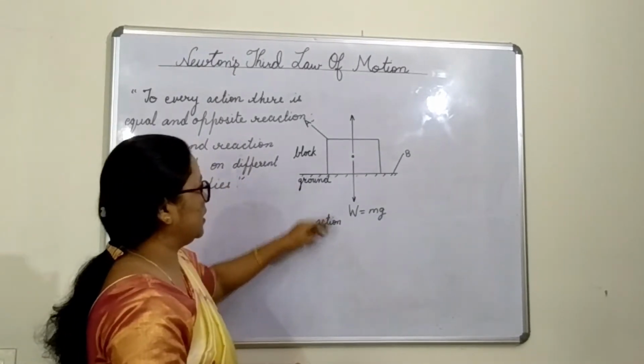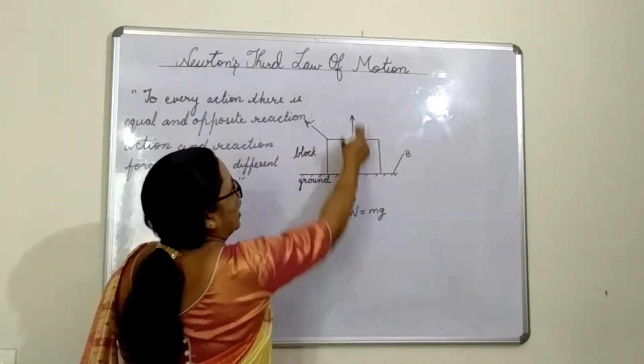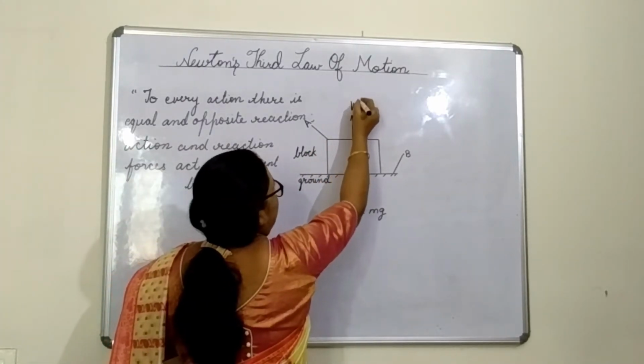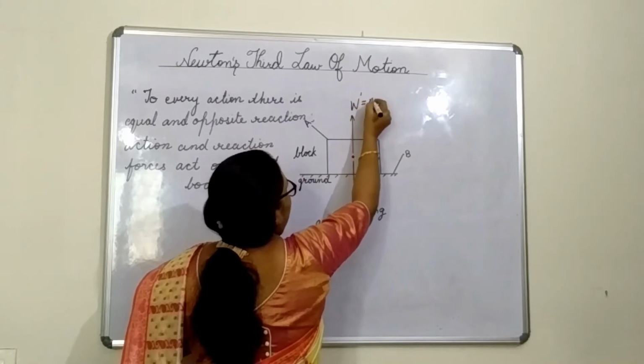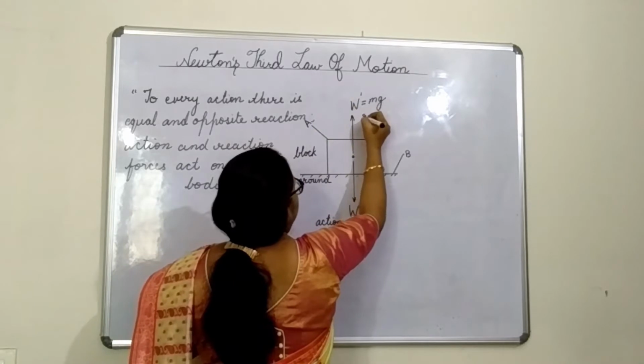When action is done, the ground will exert force on the block in the upward direction, say W dash, which is equal to mg. This is reaction.